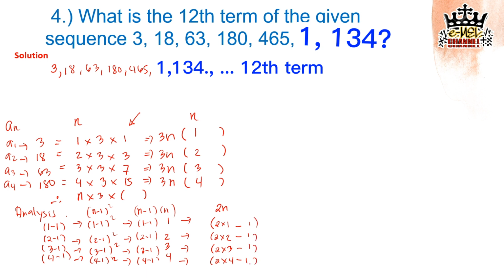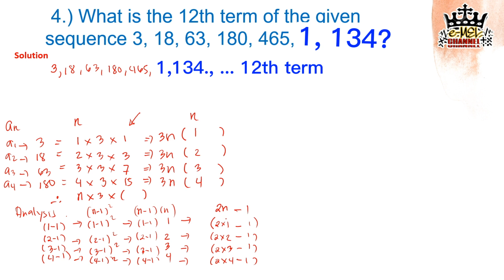Okay, so minus 1. 2 times 1 is 2, minus 1 is 1. Okay, correct. But 2 times 2 is 4, minus 1 is 3, correct. 2 times 3 minus 1 is 5, it's not 7. And 2 times 4 is 8 minus 1 is not 15.